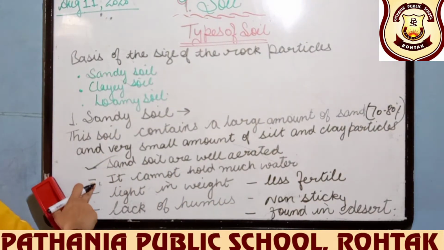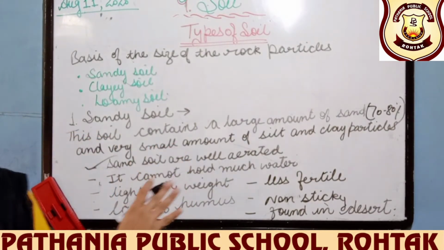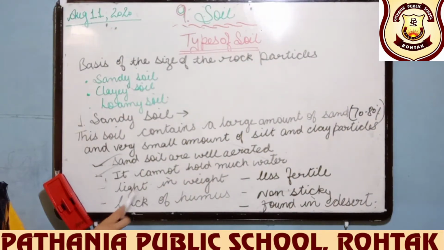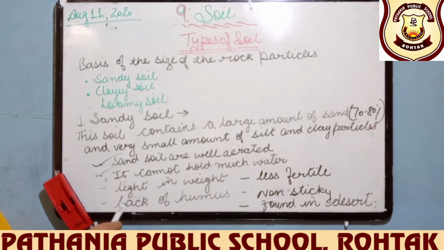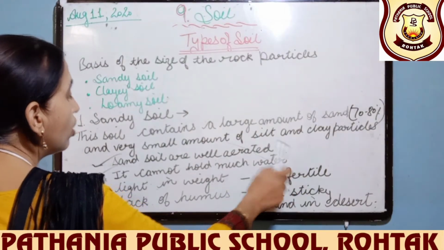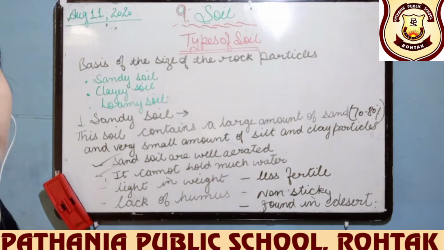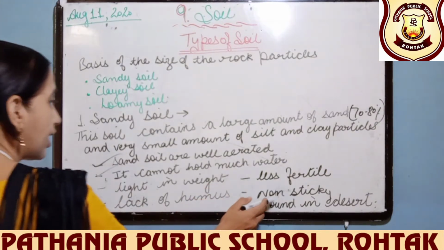Water moves rapidly through it and dries it. Sandy soil is light in weight and has a tendency to be blown away by the wind. It lacks humus, nutrients and fertility, so it is not a good soil for growing plants and crops.